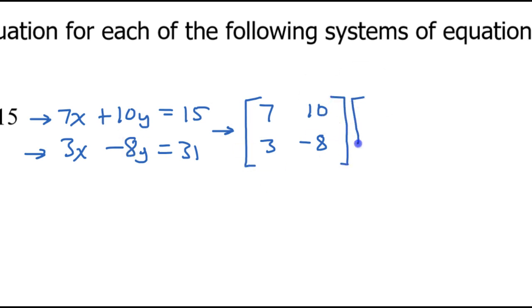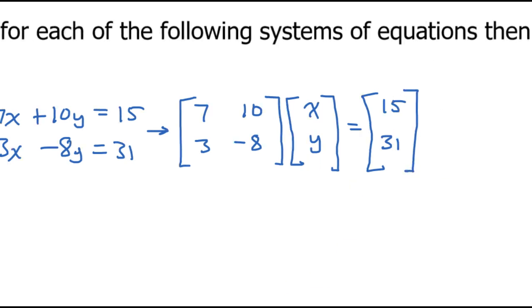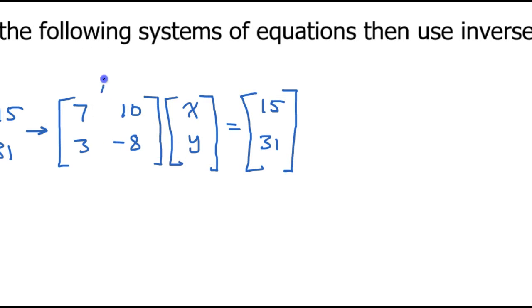And then if I multiply that times the variable matrix, x y, then that should equal the answer matrix, 15, 31. Okay, now I'm going to label this. This first matrix, I will call it A. The variable matrix will be X, and the answer matrix will be B.